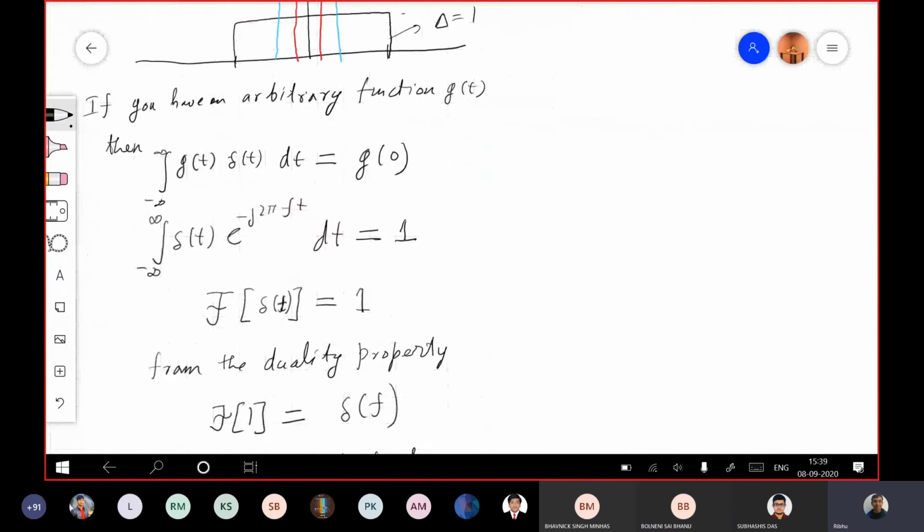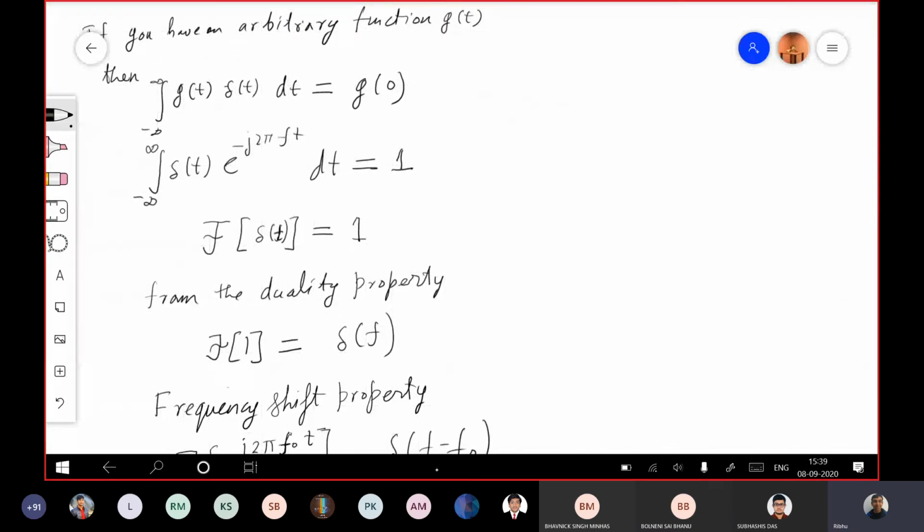You're talking about this. So what's the problem with this? Can we say that minus 1 to 1 integration is g of 0? You can say that. You can actually derive.